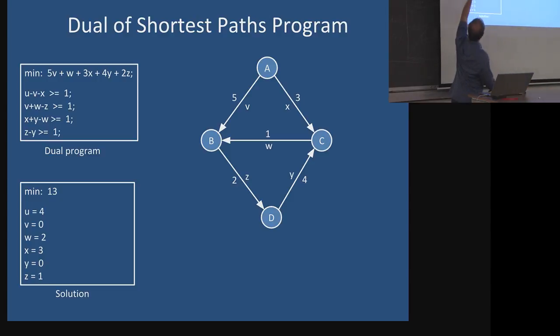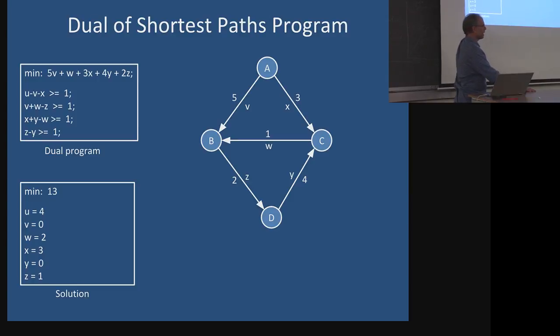So these constraints are saying that for every vertex, well, let's look at u minus v minus x. Oh, yeah, that's the A one. Let's do v plus w minus z. What's that saying? What's v plus w? That's how many times you enter B. z is how many times you leave it.